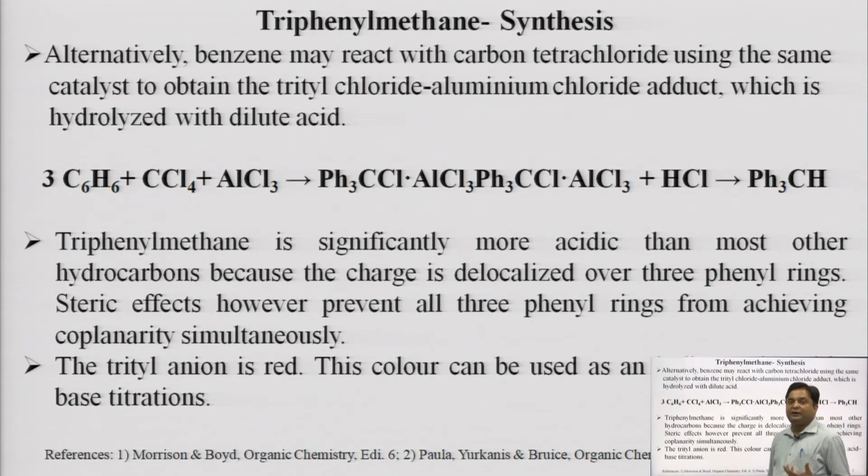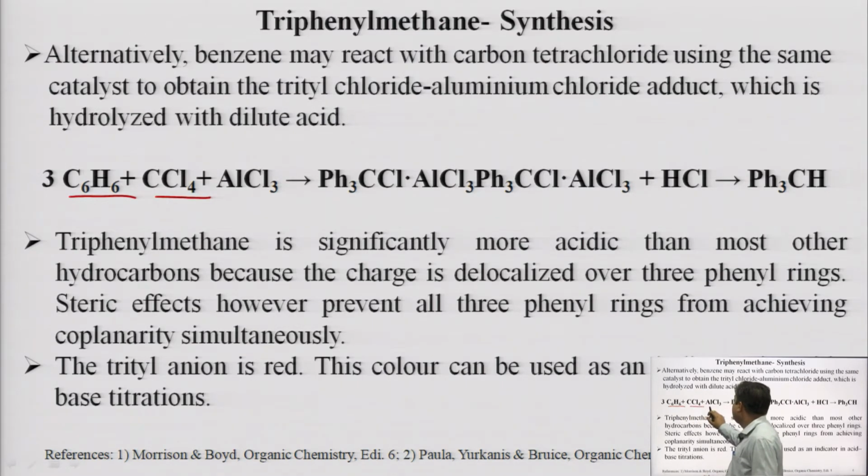The second method of synthesis of triphenylmethane involves the reaction of benzene with carbon tetrachloride in the presence of aluminum chloride. Here we use carbon tetrachloride in place of chloroform.